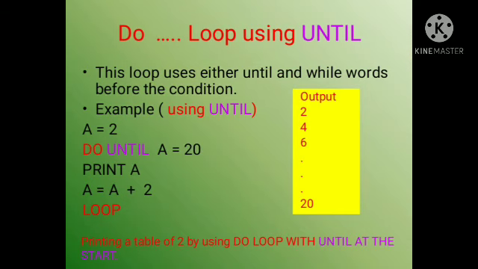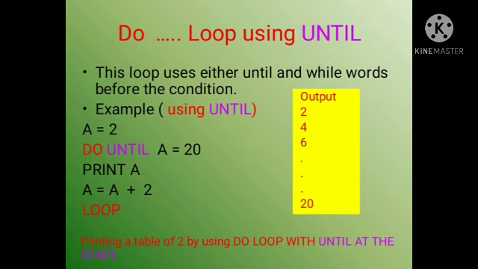Now we are going to see the do loop by using the until word. This until word we can use at the start of the loop and at the end of the loop, like the while word.